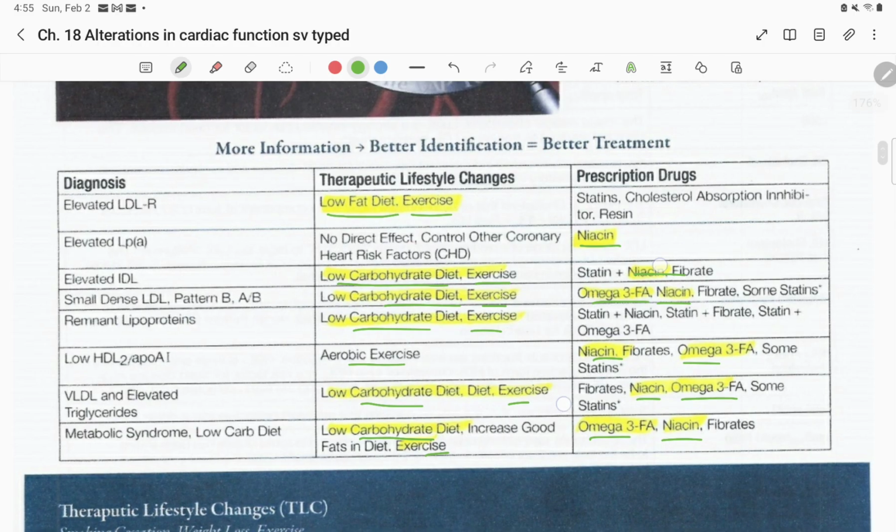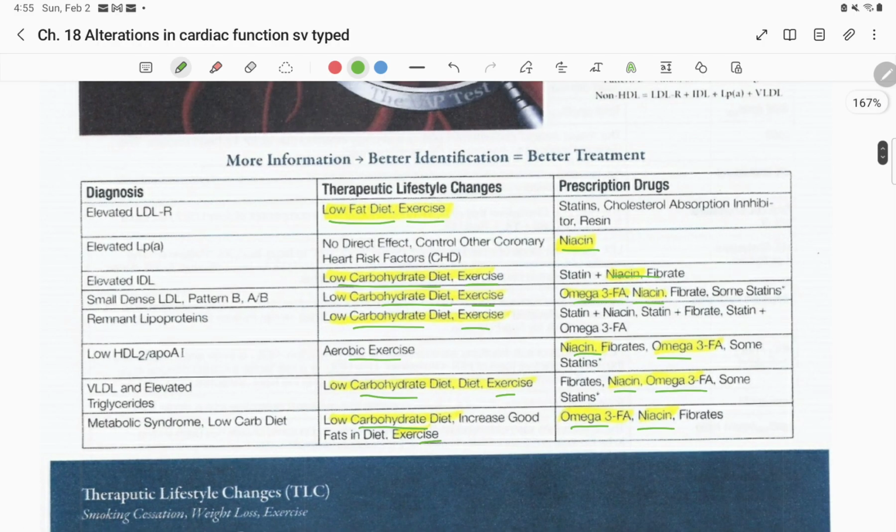So you're starting to notice a recurring theme through all of these. In other words, diet and lifestyle become important, and at the very least, a person should be on niacin and omega-3s, and then watch what you eat.